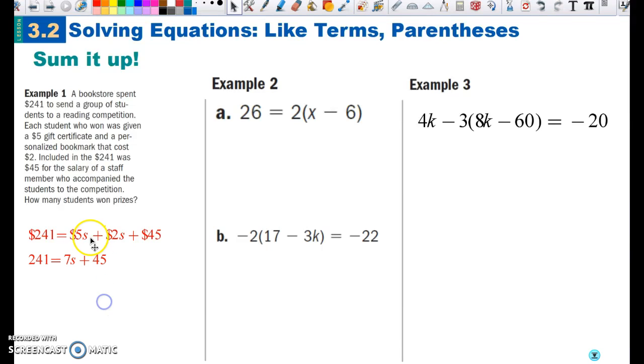Combine the like terms. 5s plus 2s means $7 was spent per student, plus the $45 for the chaperone. If I subtract that $45 away, I get 196 is 7 times students. Then I divide by 7. s equals 28.